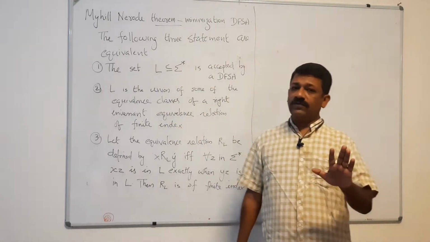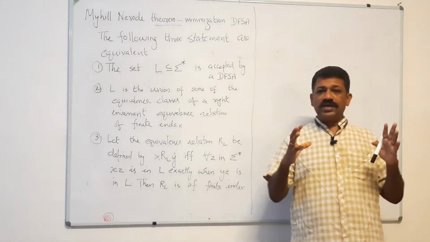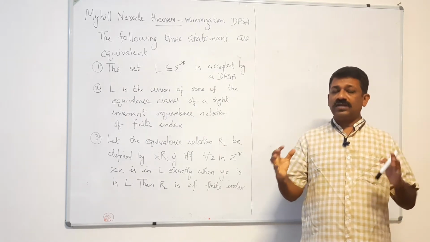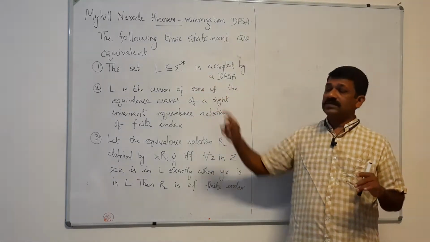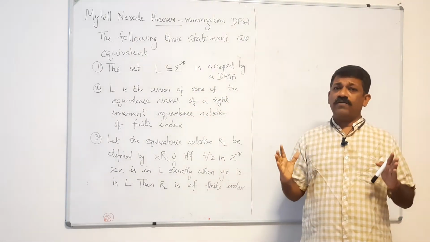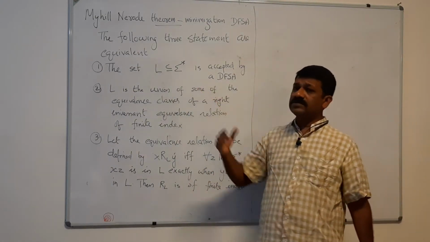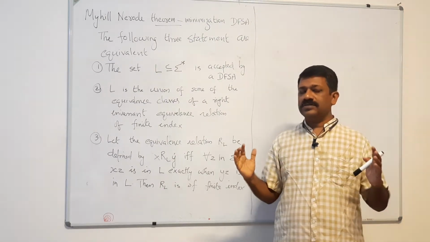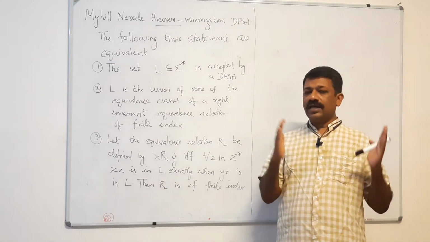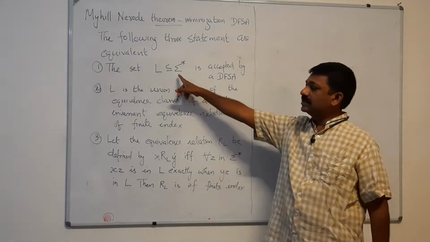Sigma is the input alphabet. Suppose we have binary strings, then sigma is 0, 1. Suppose sigma is alphabetic characters, then small a to z and capital A to Z will be the set sigma.